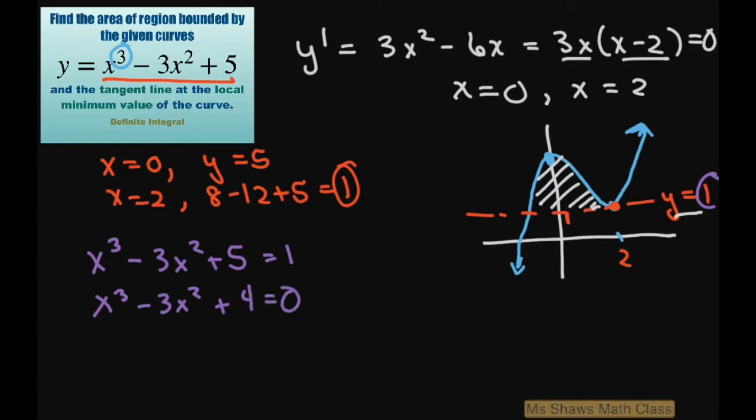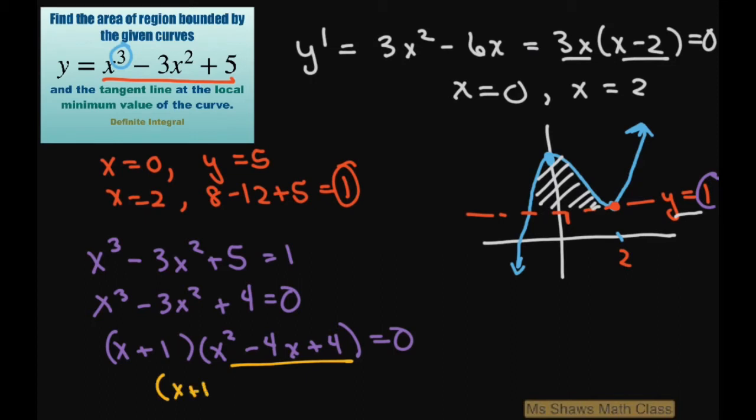That's going to give you x plus 1 times x squared minus 4x plus 4 equals 0. Now, factoring this, you get x plus 1 times x minus 2 squared. It's basically the same thing. So we have x equals negative 1, and then x equals 2.